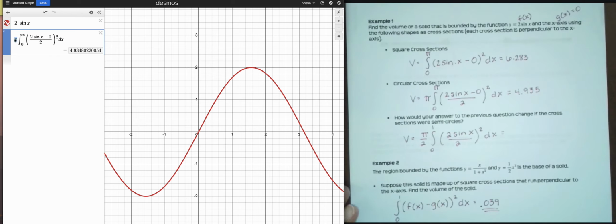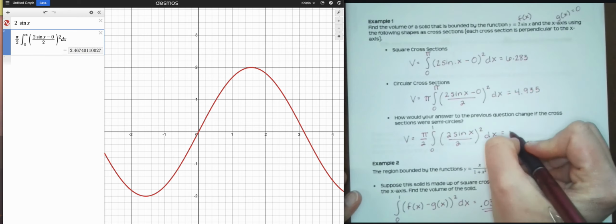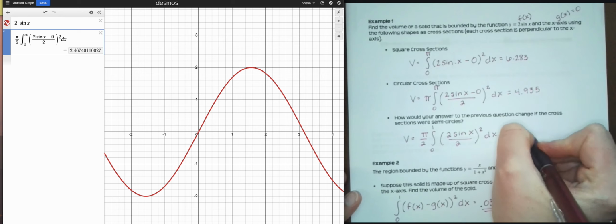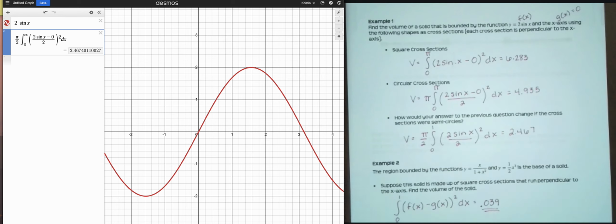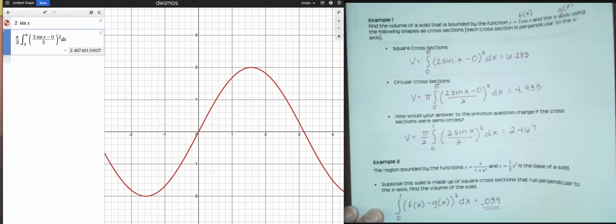In Desmos, I'm just going to go over here and divide that by 2. And we end up with 2.467. Okay, so we've covered all our shapes. The only thing left for us to talk about now is integrating along the y-axis as well as the x-axis.